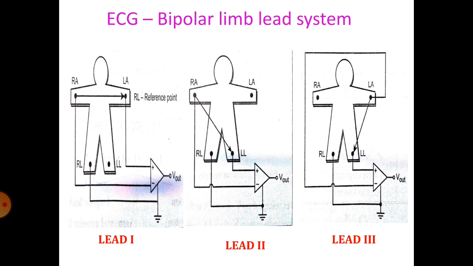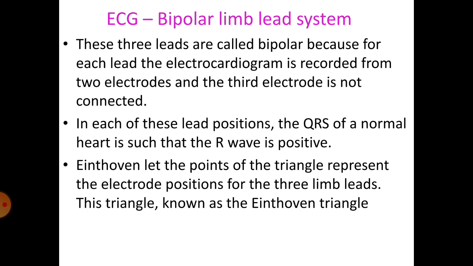In lead 3, the 2 electrodes are placed on the left arm and left leg. The right leg electrode acts as a reference electrode. Okay, so this is the ECG bipolar limb lead system.